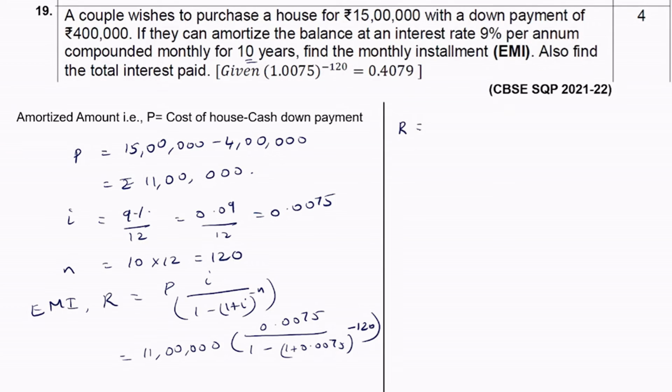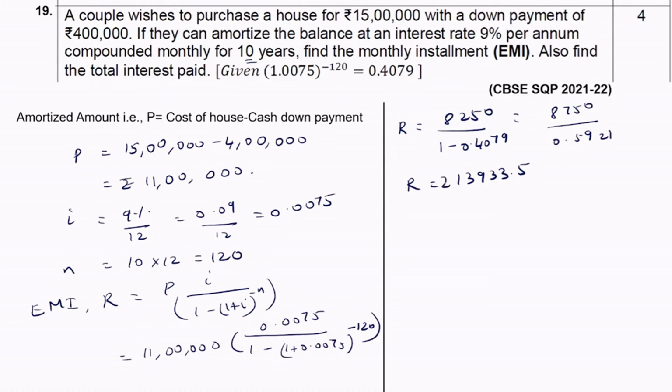So here R is equal to 11 lakh into 0.0075, it is 8,250, upon 1 minus 1.0075 whole raised to minus 120, it is 0.4079. So this is 8,250 upon 0.5921. When we divide, we get 13,933.5. So this is R, this is the EMI.